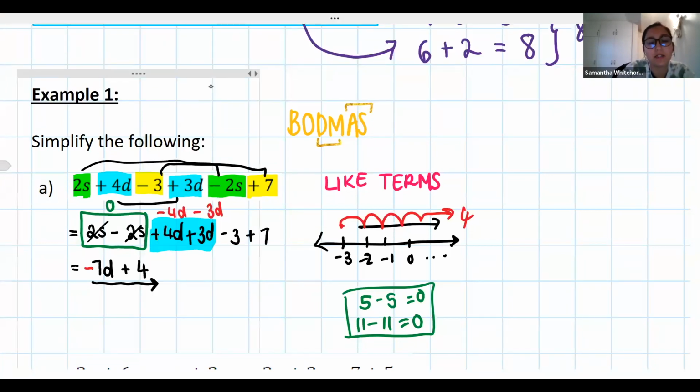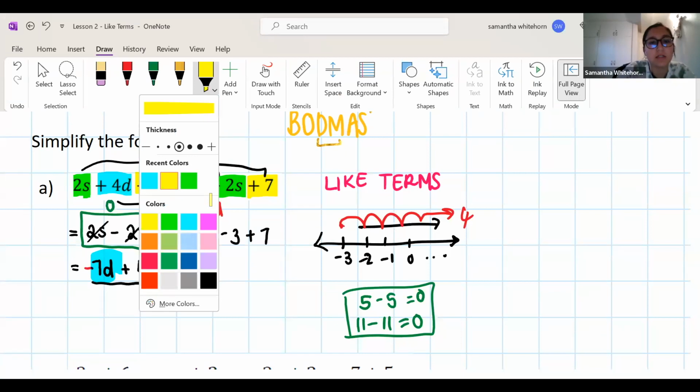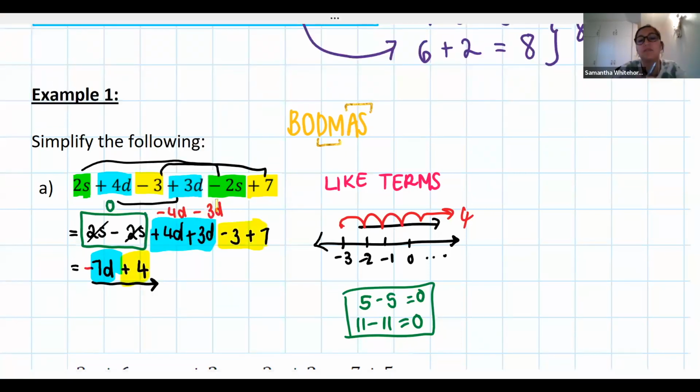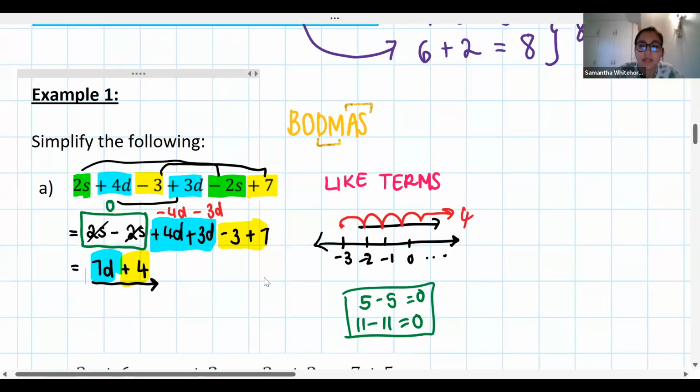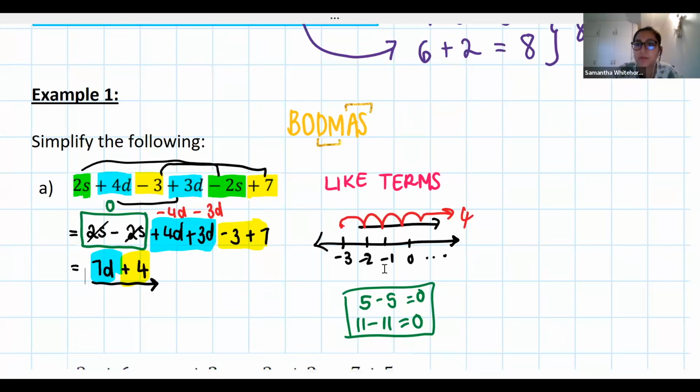So 4 plus 3 is 7, so 7D. And then minus 3 plus 7, if I go to my constants, minus 3 plus 7 gives me 4. So that's where I'm getting my answer from adding and subtracting my like terms. Thank you, ma'am.